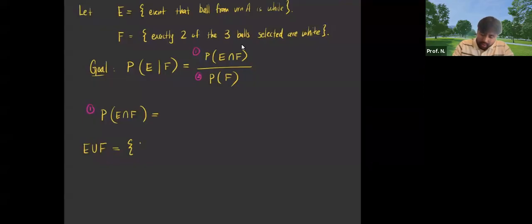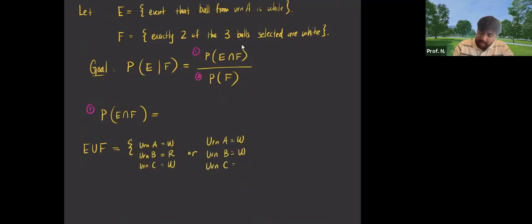That means that urn A is white, but urn B is red, and urn C is white, or urn A is white, urn B is white, but urn C is red.